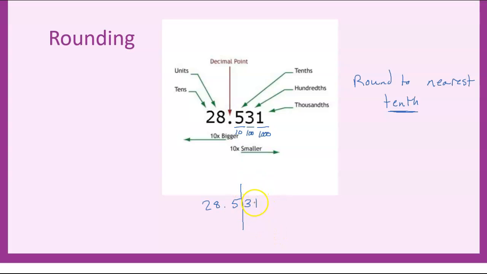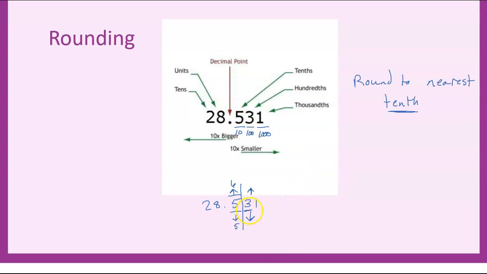So now that I have this line, I decide whatever's after it, is it going to round down or round up? If it rounds down, then this number would go down to a 5. If it rounds up, then this number is going to round up to a 6. So we have to decide if we're rounding down or rounding up, and then we get rid of everything after the line.